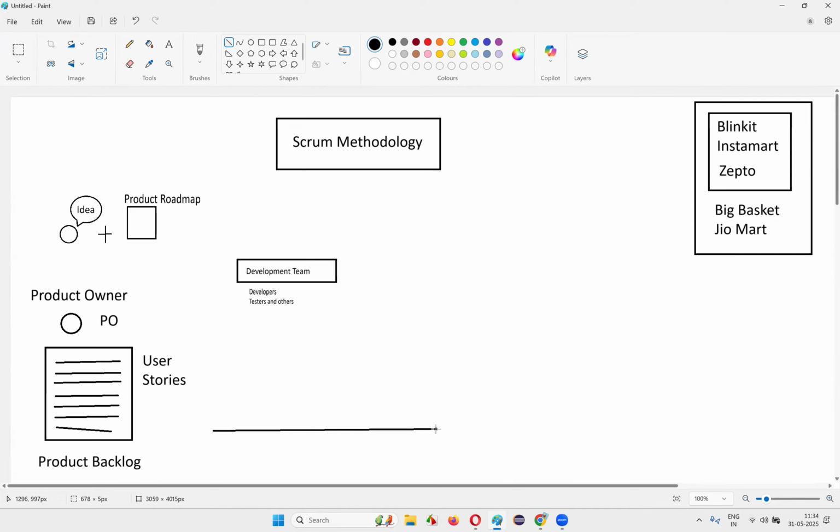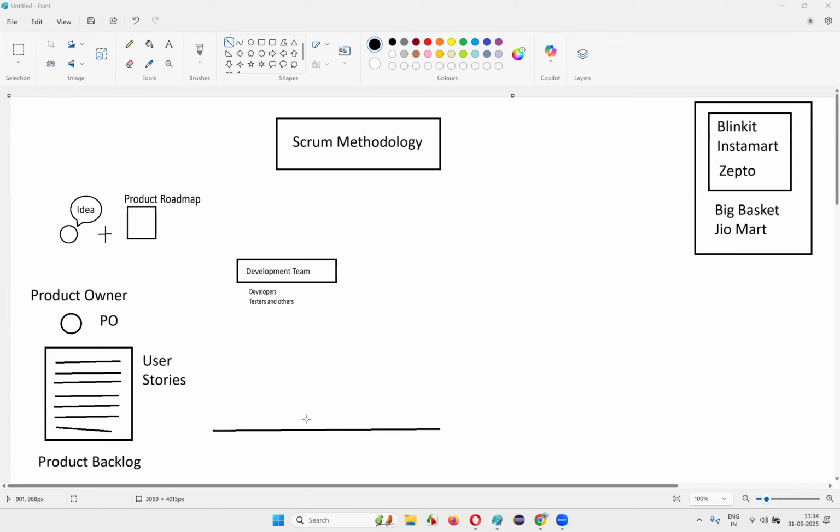What is a sprint? In the real world, don't worry about the agile Scrum methodology, what is generally called a sprint? You would have heard the word sprint somewhere, right? Anyone know the actual meaning of sprint? Yeah, it's like a cycle.